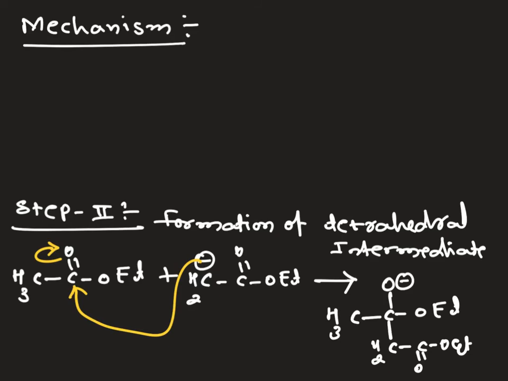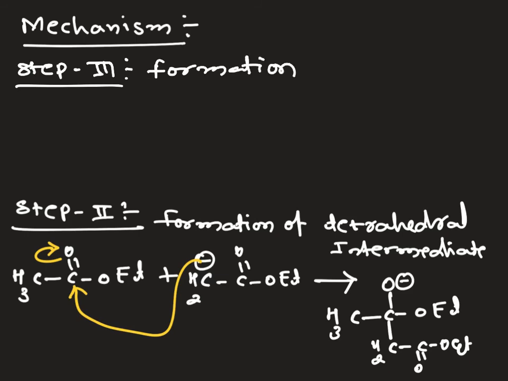The last step is formation of product, that is ethyl acetoacetate. Whatever intermediate is formed in the second step, the tetrahedral intermediate, can be converted into the final product.